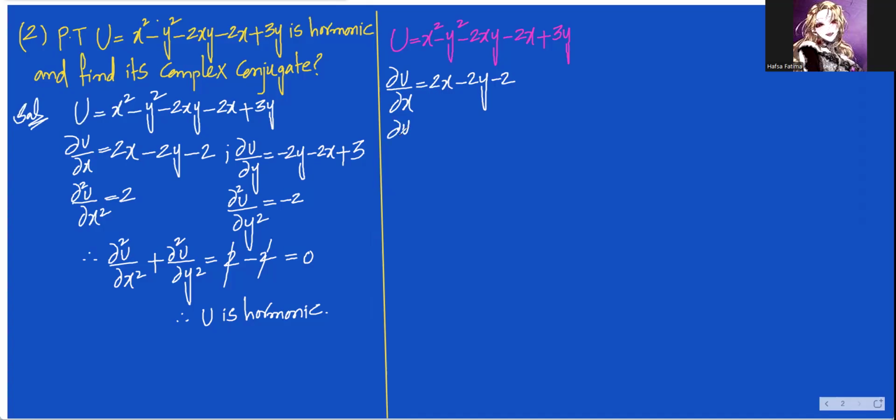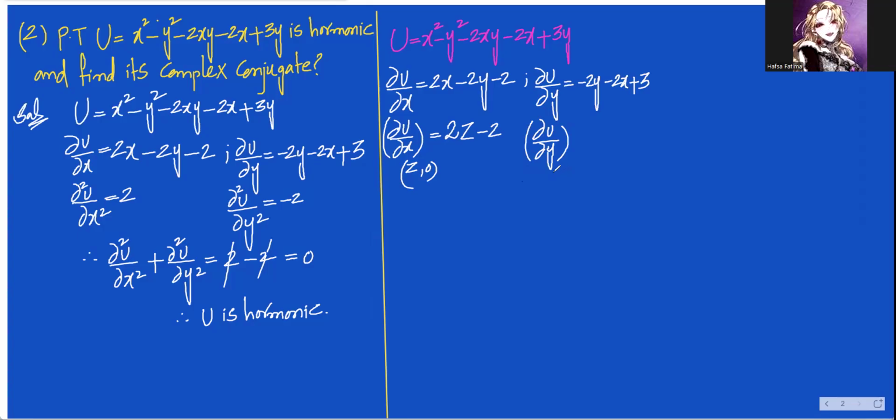And now dou u by dou x value at the point z comma 0 gives 2z minus 2. Here we'll write comma, dou u by dou y also, which we have already found: it is minus 2y, that is minus 2x plus 3. Now I want to replace at the point z comma 0.